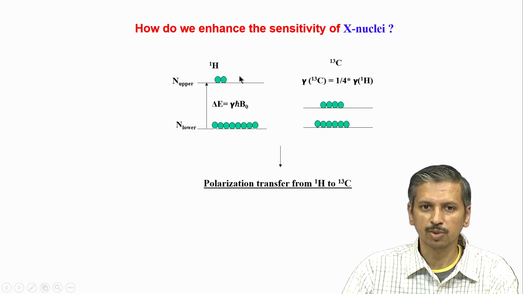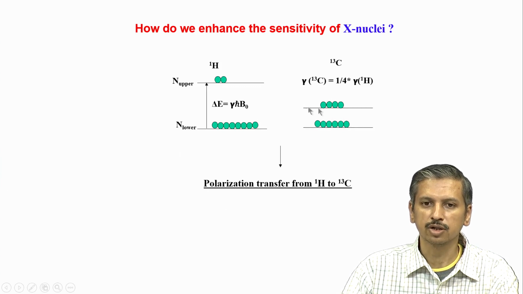This mechanism of transferring the difference of population from one nucleus to another nucleus is known as polarization transfer. And with this boost, carbon-13 will have the same polarization after transfer as proton, although naturally it cannot have that, it is artificially done.